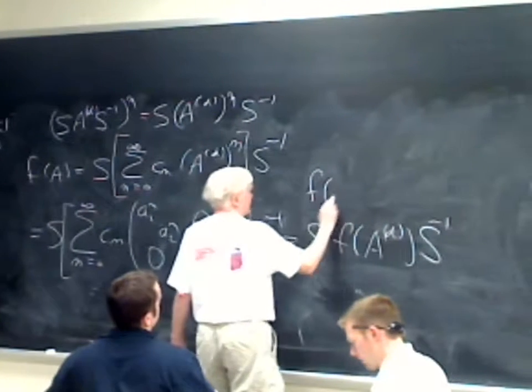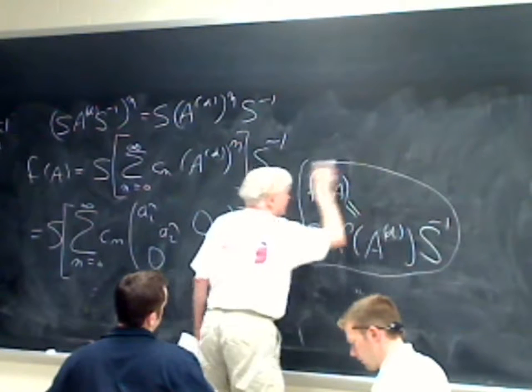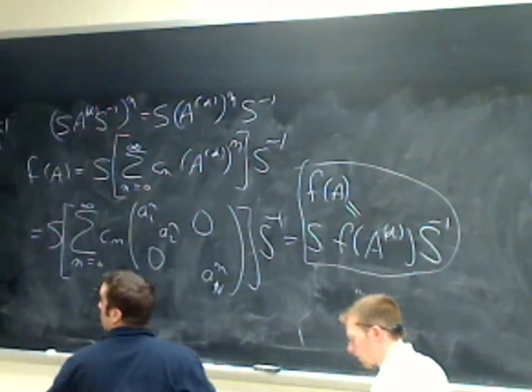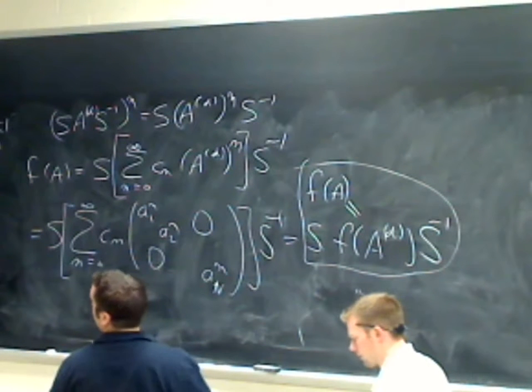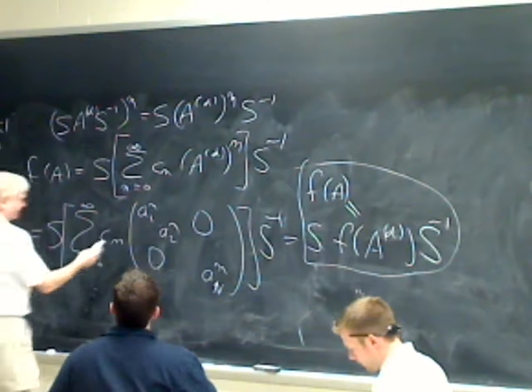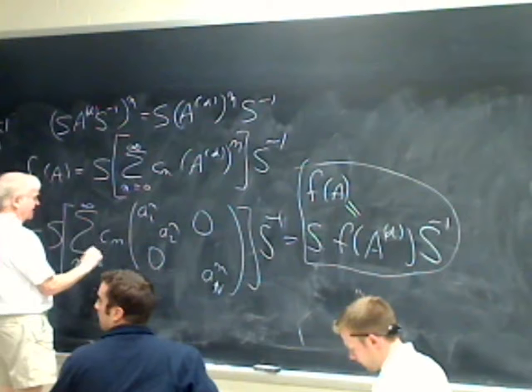In other words, f of A equals this. And that's what I proved over here, where f of A diagonal is just f of a moves down to f of a n. Maybe I should have just added an extra step.